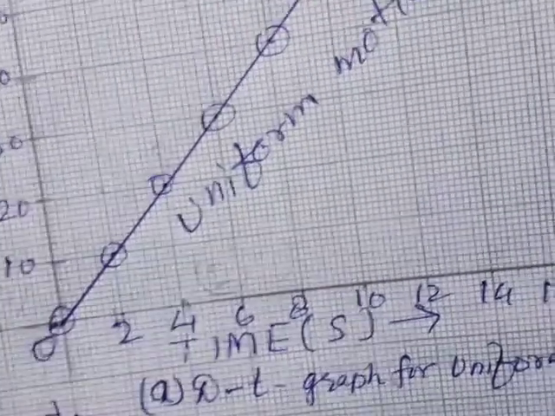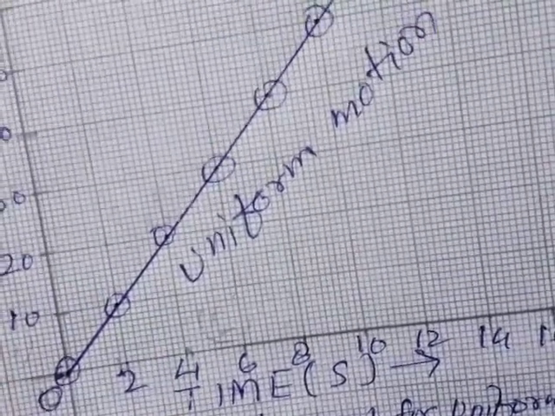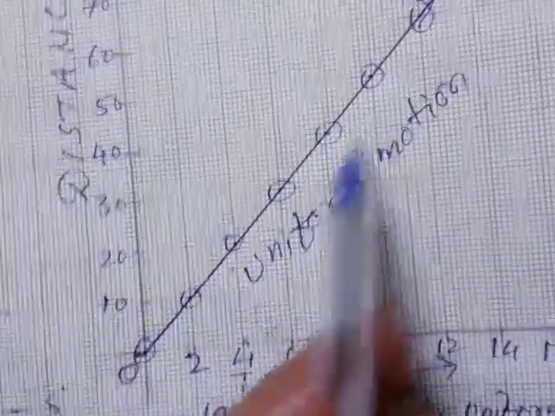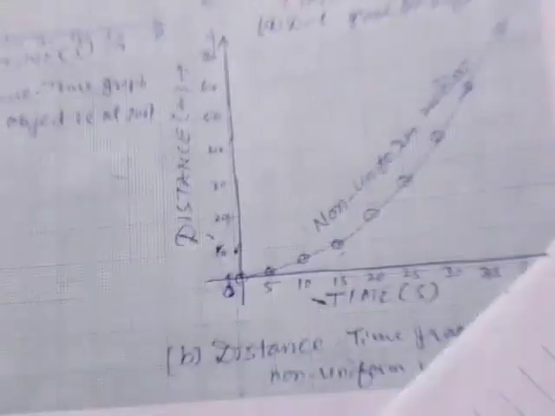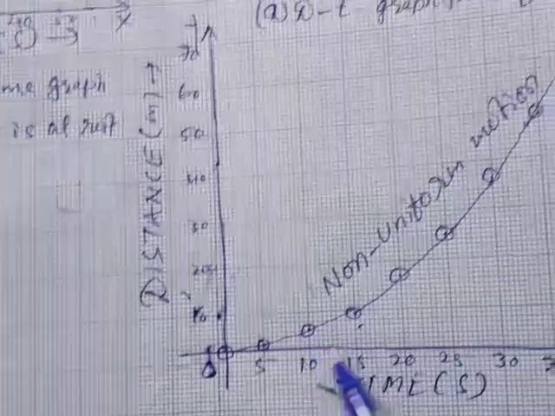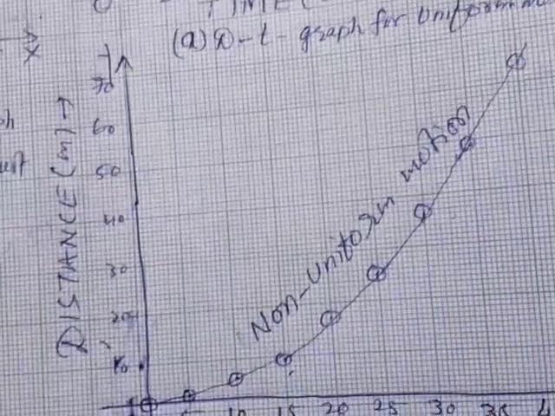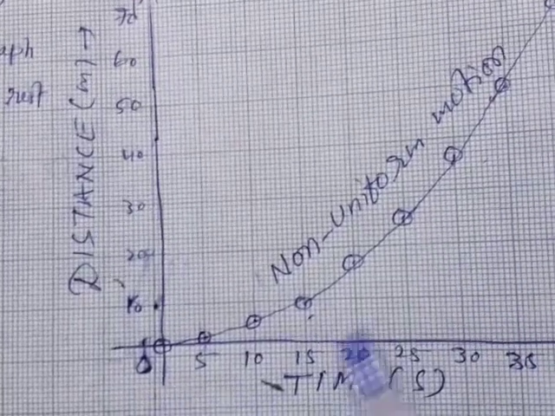So you see that for uniform motion the graph is a straight line and there is a slope with respect to the time axis. For non-uniform motion the shape of the graph is a curved line, and there is a slope and a curved line with respect to the time axis.